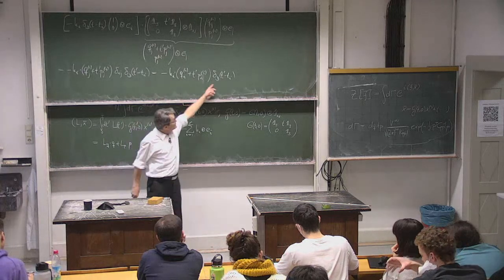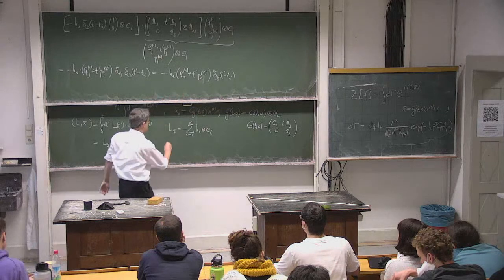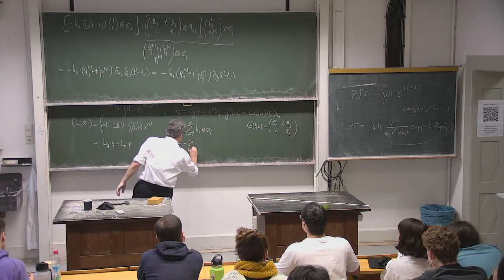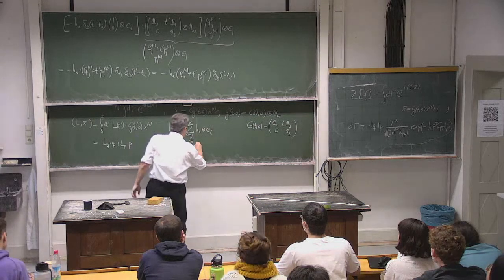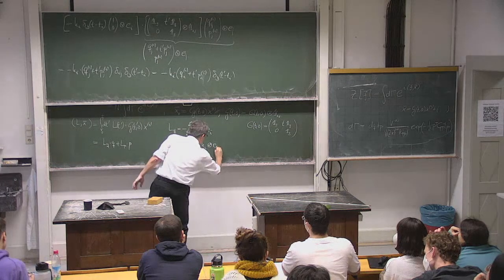This gives you, after the integration over time, this part of the expression here. And the L_P is going to be minus the sum over i equals 1 to R, t_i k_i tensor e_i.